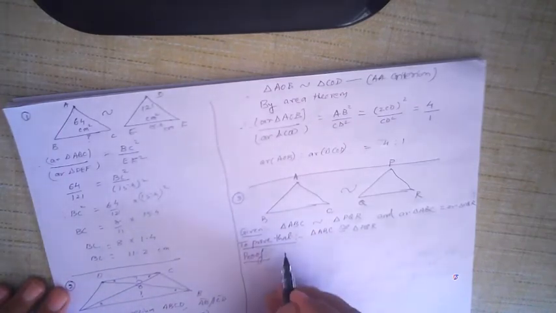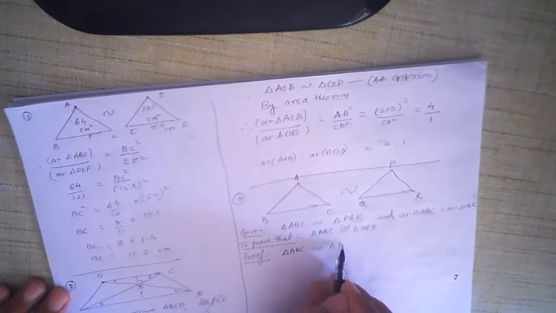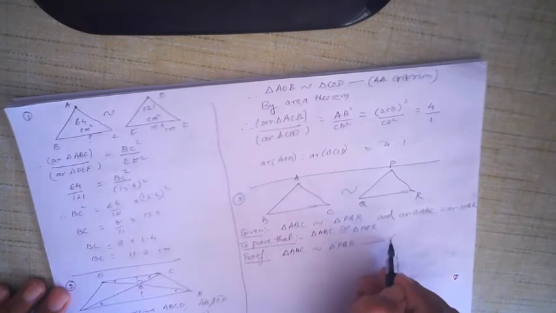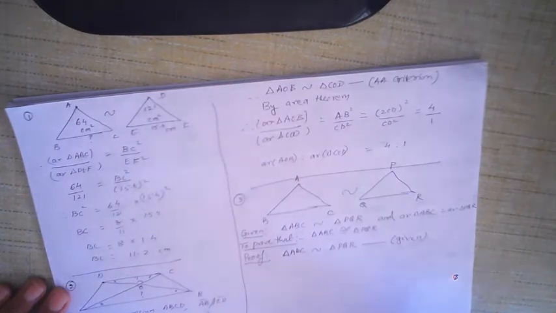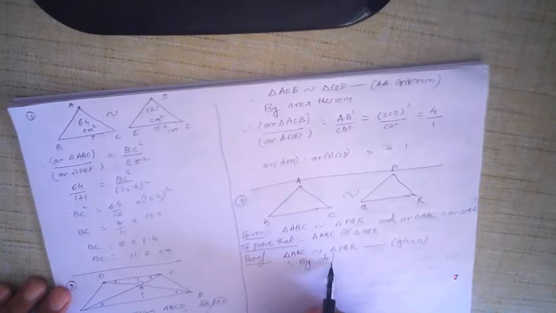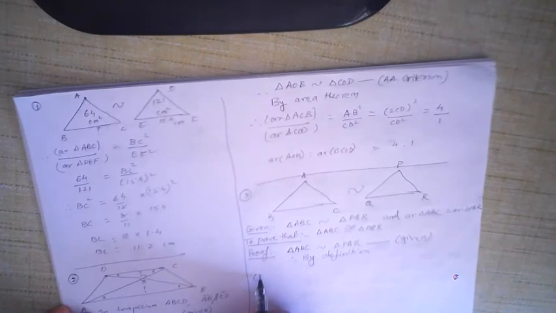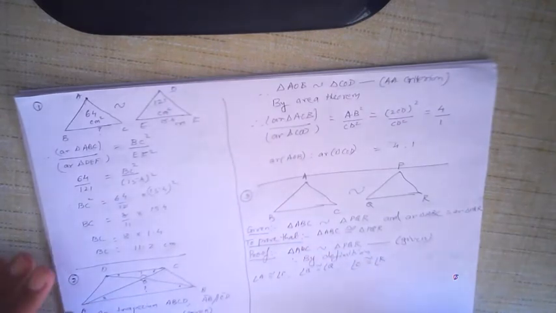First of all, we are given triangle ABC is similar to triangle PQR. If triangle ABC is similar to triangle PQR, then by the definition of similar triangles, angle A is congruent to angle P, angle B is congruent to angle Q, and angle C is congruent to angle R, because corresponding angles are congruent.